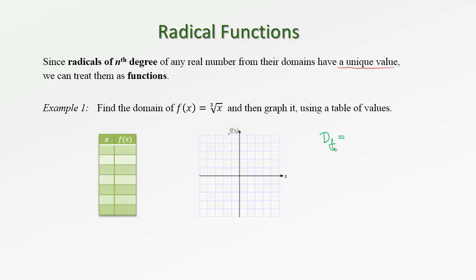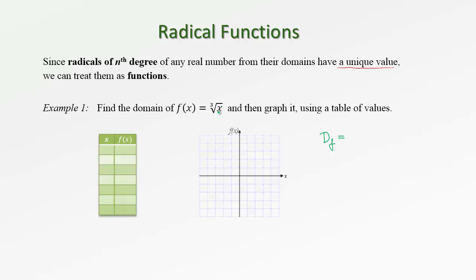Okay, let's recall what a domain is. The domain of any function is the set of all values that we can replace x by and be able to evaluate this expression. So, can we take cube root of, for example, 0? Well, yes, because cube root of 0 is 0. Can we take cube root of any positive number? Yes, there is no problem with that.